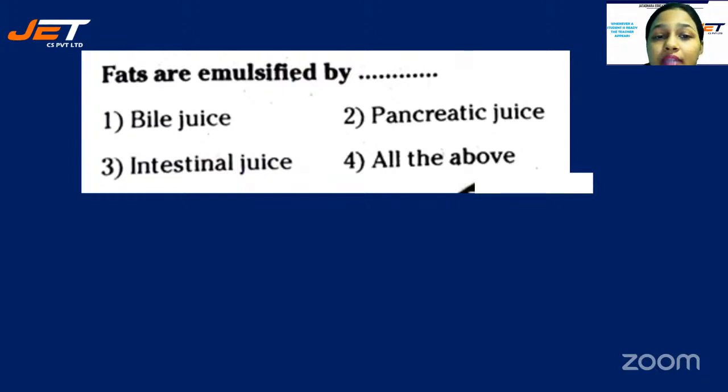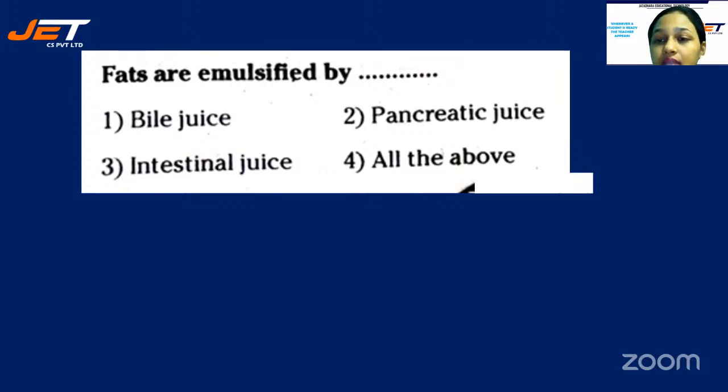Next question. Fats are emulsified by. And your options are bile juice, pancreatic juice, intestinal juice, or all the above. Which one will be the right answer? Fats are emulsified by bile juice, pancreatic juice, intestinal juice, or all the above.